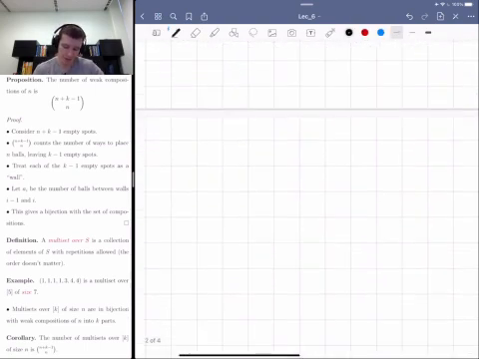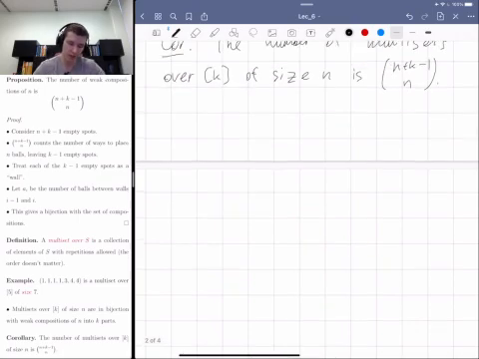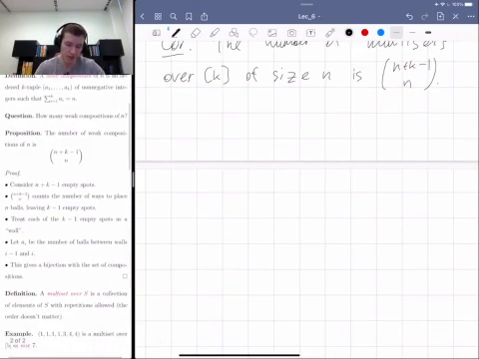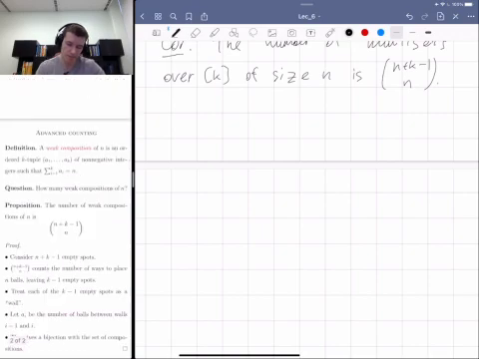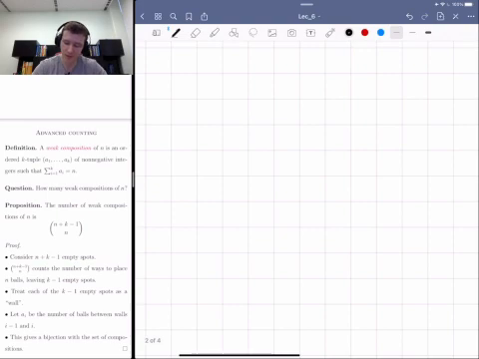But before I get to the complicated stuff, let me mention that there are weak compositions, but there should also be strong compositions, right? So let me discuss just compositions, which are kind of similar. Basically, a composition is a weak composition without zero parts.